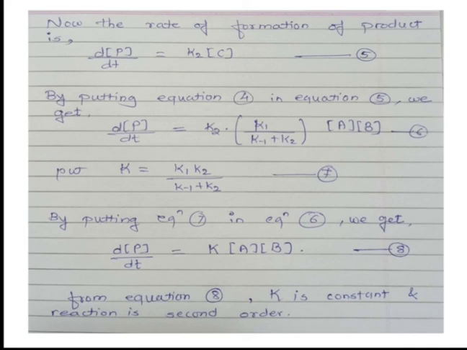From this equation, we can find the order. So concentration of A raised to 1, concentration of B raised to 1. That's why the order of reaction is equal to 2. So this is our equation of a pre-equilibrium.